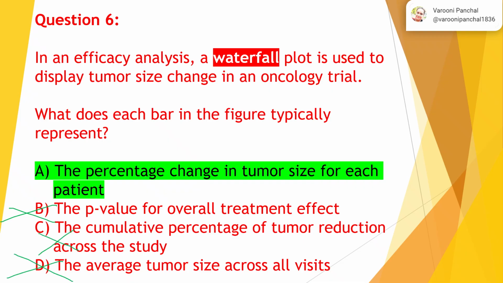No. So the waterfall plot is used for the percentage change in tumor size for each patient. So typically each bar in the figure represents the percentage change in tumor size for each patient. So your waterfall plot will be like this, right? As the percentage change decreases, your tumor size also decreases.